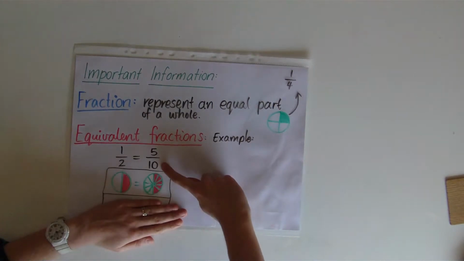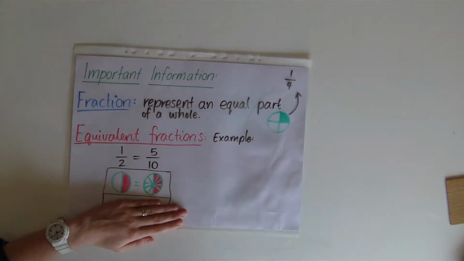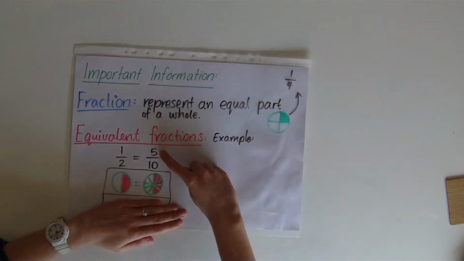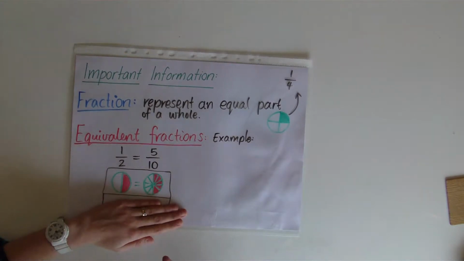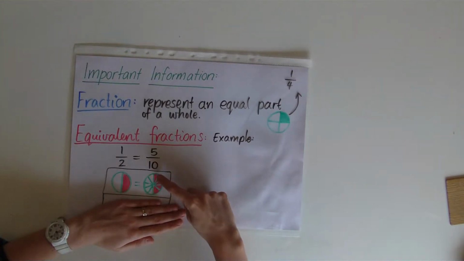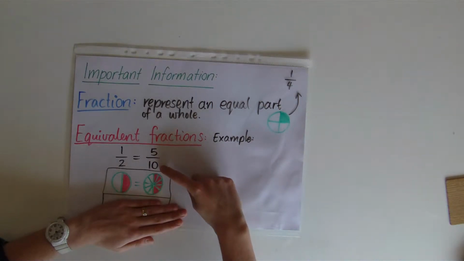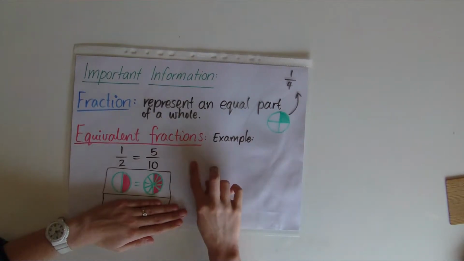The number at the bottom of a fraction is always the total number of parts, and the number at the top here, the 5, is how many parts we are talking about. So here we are talking about 1, 2, 3, 4, 5 parts of the 10. 5 out of 10, or 5/10.